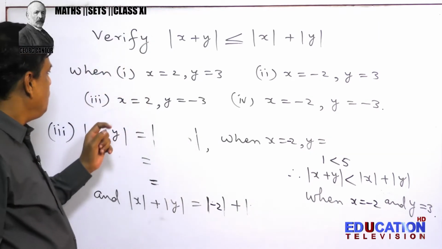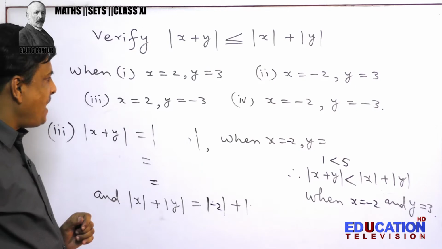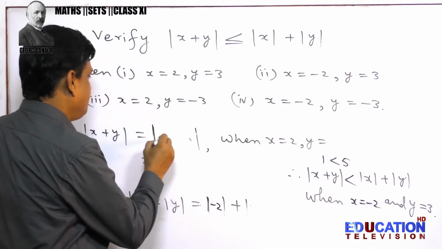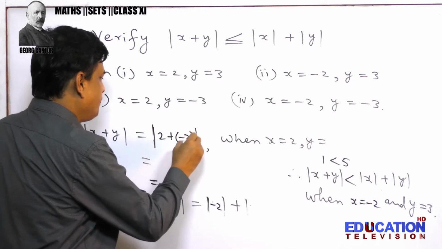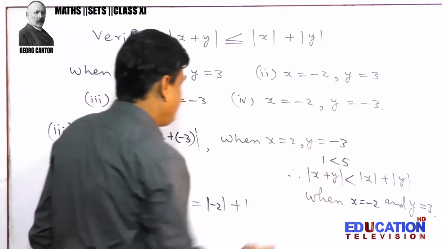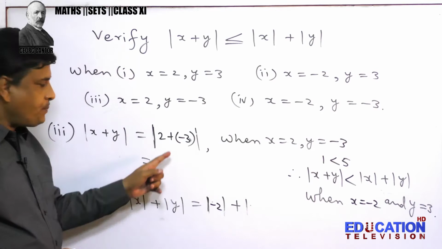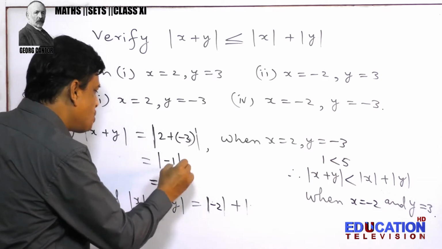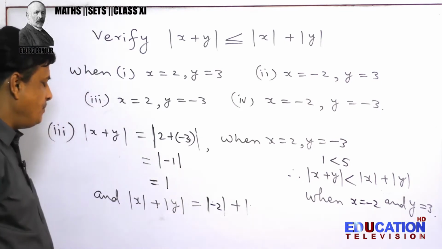In the third case, when x is 2 and y is minus 3, modulus x plus y is modulus of 2 plus minus 3, modulus of minus 1, equal to 1.